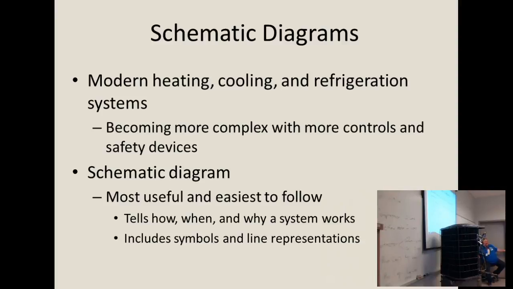Contactor is what? A switch and a load. That's right. So do we know the symbol for a coil? What am I going to label this?